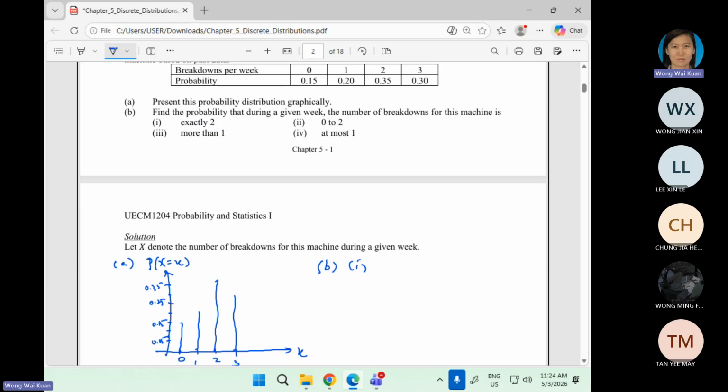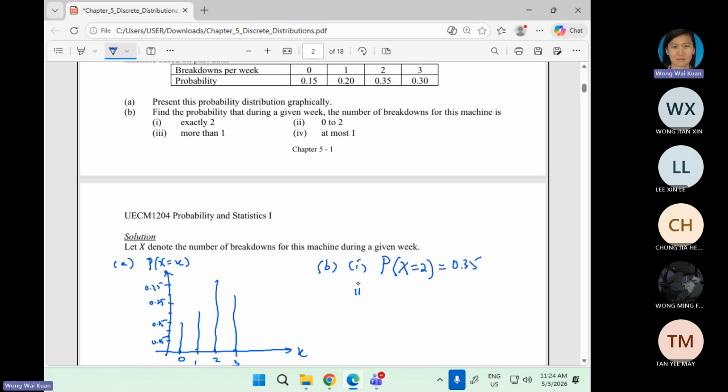It's just equal to 2, right? So you need to put it as probability of X equals 2. Probability of X equals 2 is 0.35. Alright?